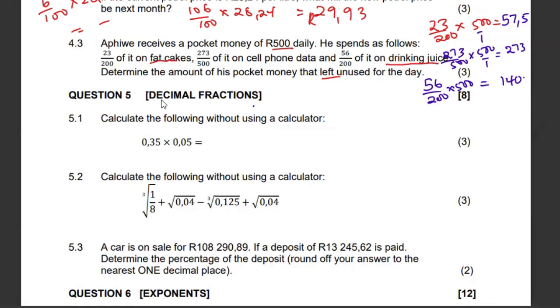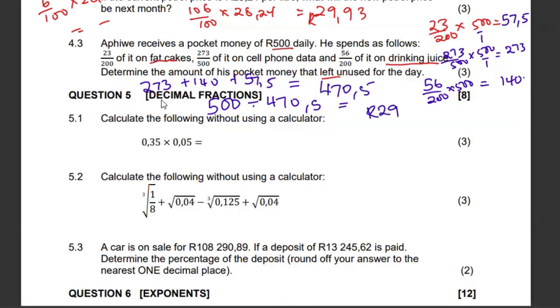So when we add up everything there, it's going to be 273 plus 140 plus 57,5. Let's see if the magic is going to work. That becomes 470,5. Now, what is left is 500 minus 470,5. What do we get? We are getting 29,5. So only 29 rands and 50 cents will be left.